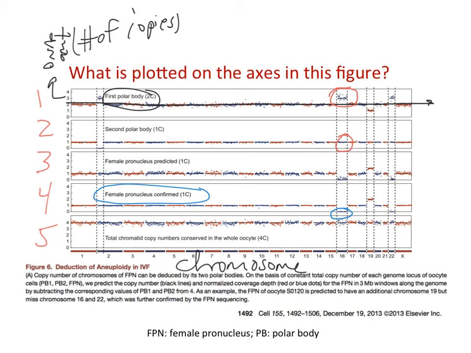What else has happened to this oocyte? It's got 2 other issues over here, small chromosomes usually. So it's got an extra copy of chromosome 19, and it's also missing chromosome 22. So this oocyte has multiple genetic abnormalities.